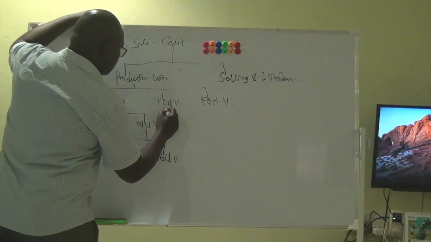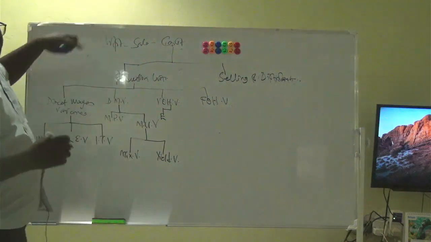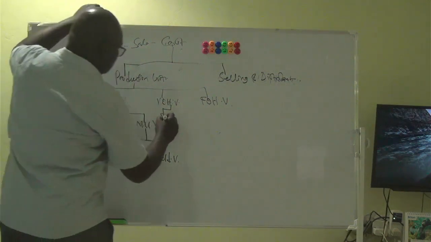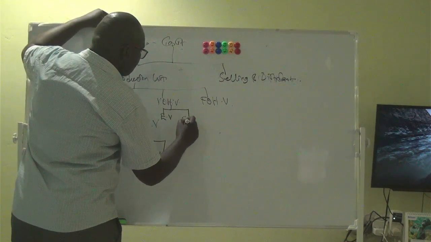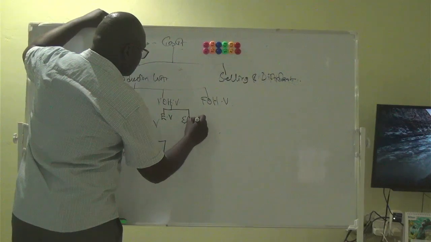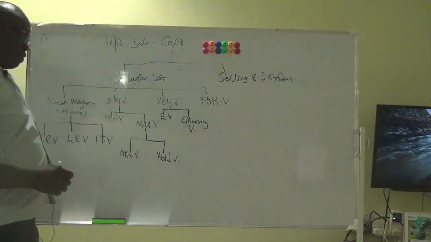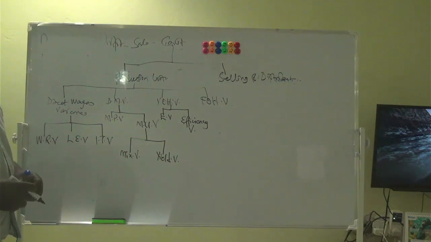So we're talking about expenditure in terms of how much we have spent. So we have expenditure variance, and then we have efficiency variance. So for the variable overhead, we are talking about efficiency and expenditure variance.